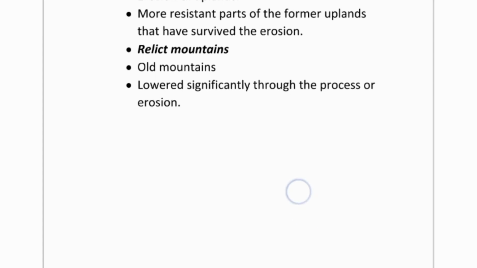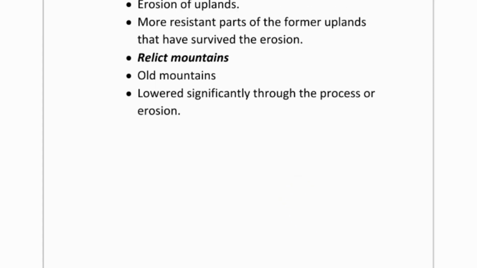This latter term, however, is sometimes applied to the old mountains also that have been lowered significantly through the process of erosion. The Appalachian Mountains in North America and the Aravalli Mountains in India are examples.